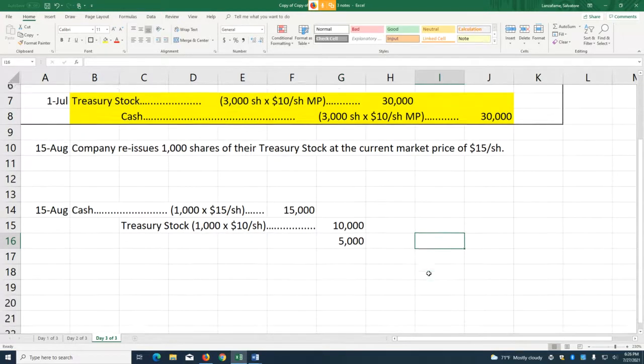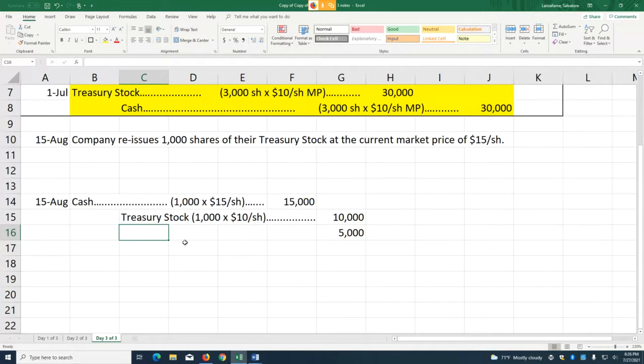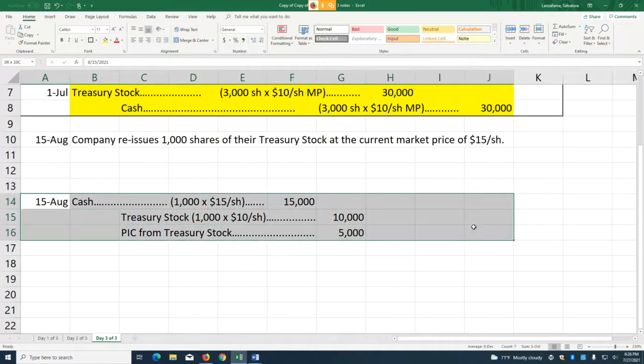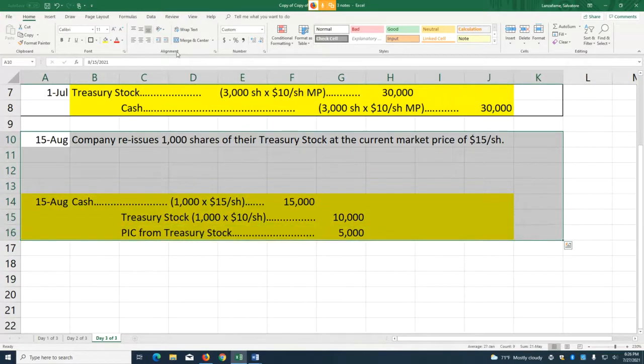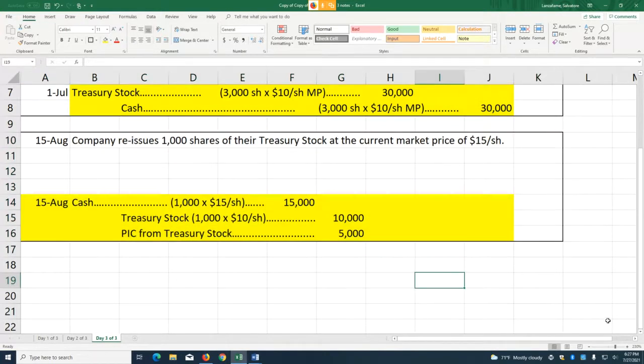My debits have to equal credits just like any journal entry we ever do. So you would just call this paid in capital from treasury stock. I can't say paid in capital in excess of par because par has nothing to do with this transaction. So that would be the journal entry if we issued the stock above the pivot.